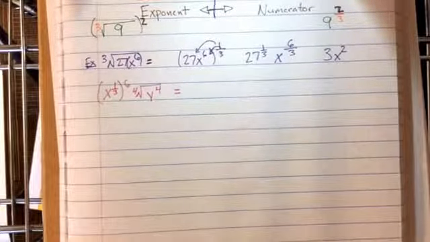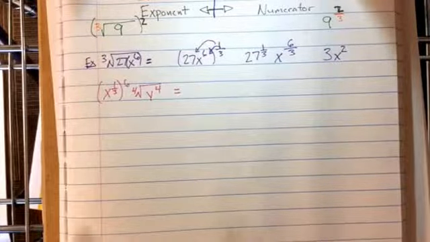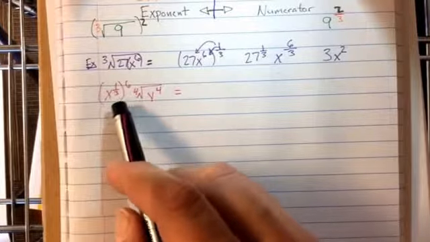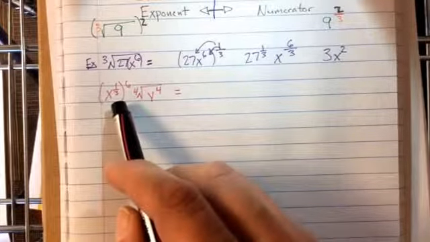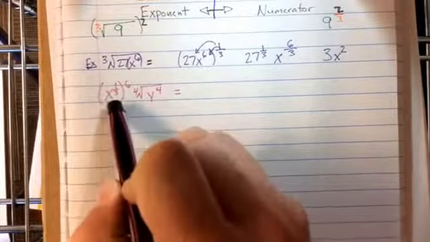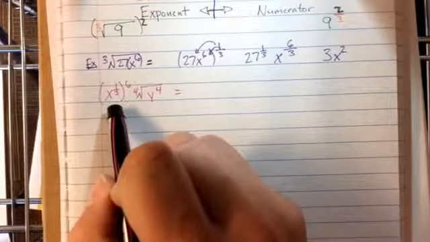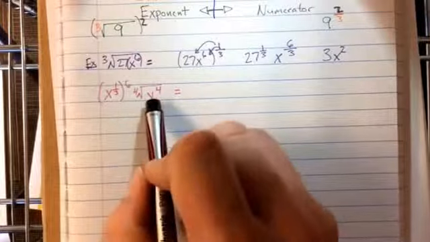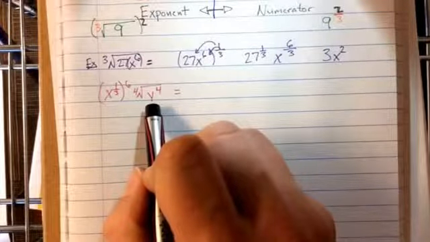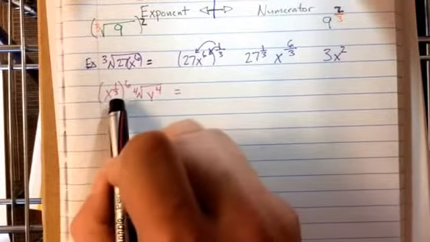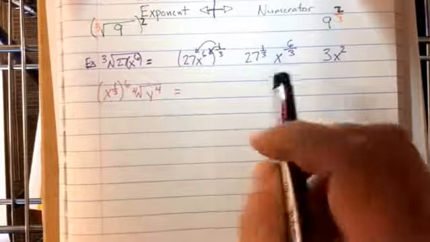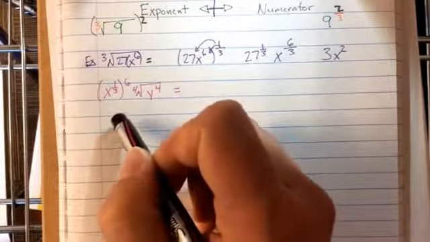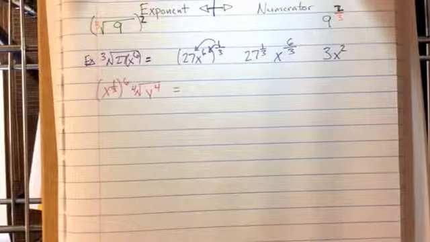When you're working with variables, it's a lot easier to see how it would simplify when it's in the fractional method, right? You don't have to change this to the radical version. Just change this one to the fractional version, because it's very easy to see that you can just distribute that 6 and multiply 6 over 3 and get your x squared, right? So we're going to go ahead and leave that the same.